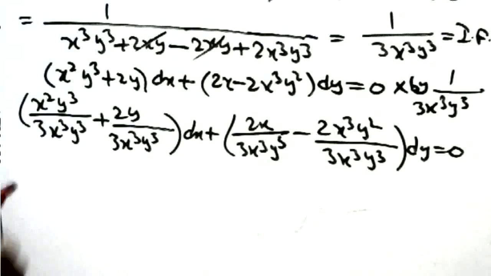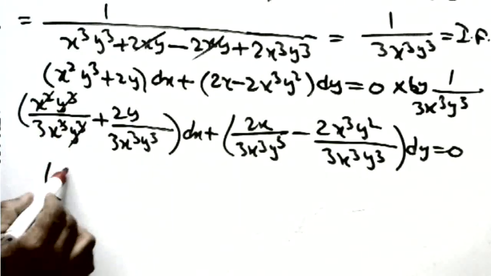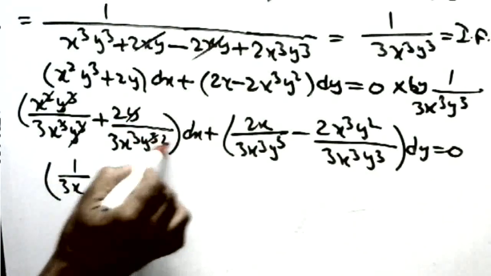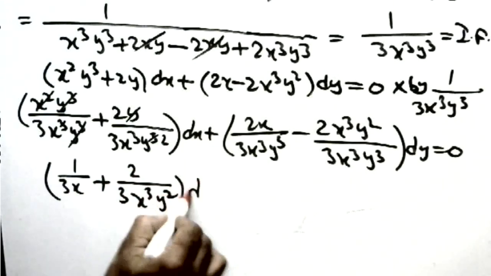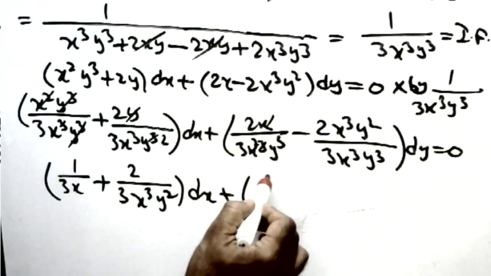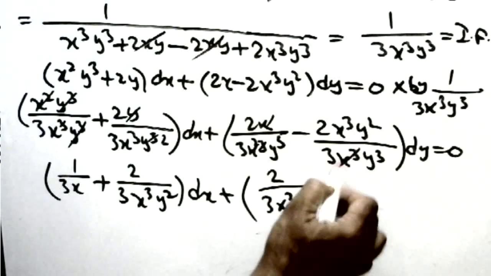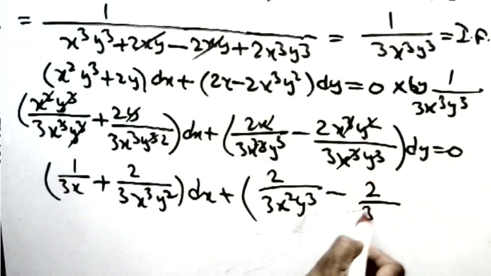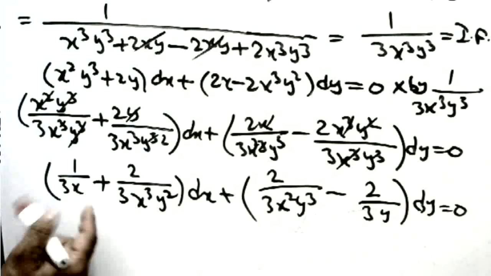We are left with 1 by 3x plus 2 by 3x cube y square, dx, plus 2 by 3x square y cube minus 2 by 3y, dy equals 0.